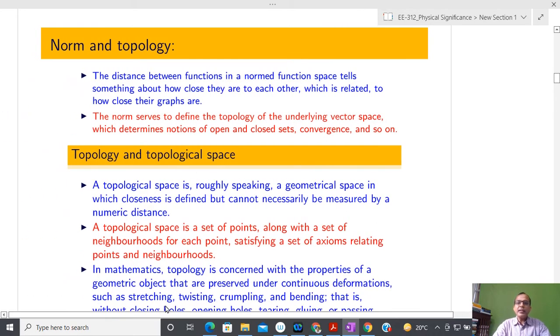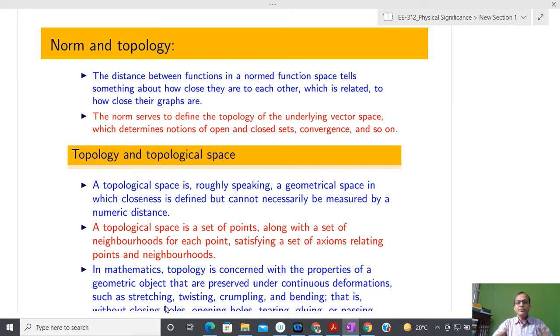Another important thing we are going to discuss is the relation between norm and topology. So far we have seen that with the help of a norm I can define distance, and distance is responsible for closeness.